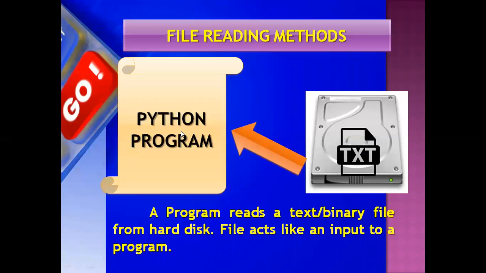Through a text file we can read from a hard disk. A program reads a text or binary file from a hard disk. A file acts like an input to a program. Whatever you do, any program, can be stored in a hard disk.